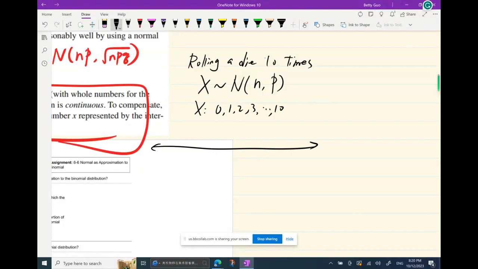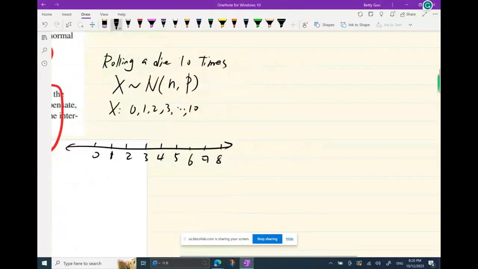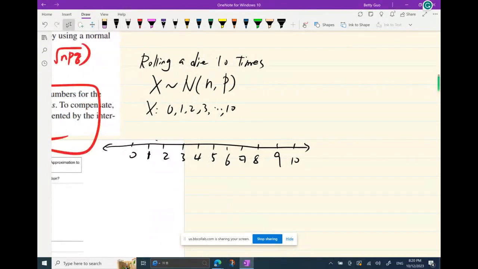On the real number line, we have 0, 1, 2, 3, 4, 5, 6, 7, 8, 9, 10. Those are all the values x assumes.